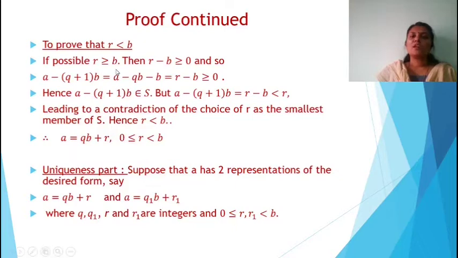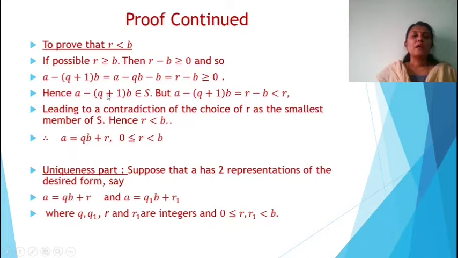If possible, let r be greater than or equal to b. Then r minus b is greater than or equal to 0, since b is taken to this side. So a minus (q plus 1) into b can be rewritten as a minus qb minus b, and this is r minus b, which is greater than or equal to 0.